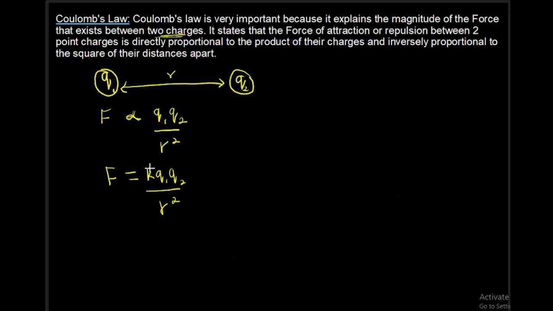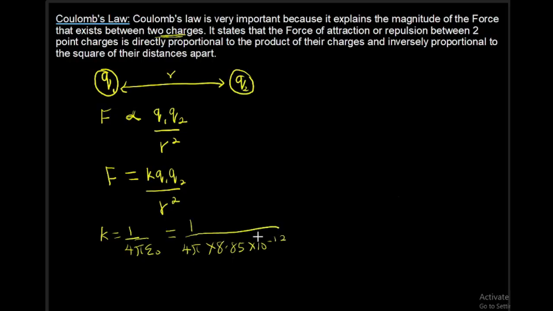Now, K is a constant, and mathematically, K is equal to 1 over 4 pi epsilon 0. Epsilon 0 is the permittivity of free space, and it is equal to 8.85 times 10 raised to the power of minus 12. If we plug that in, we have 1 over 4 pi times 8.85 times 10 raised to the power of minus 12.